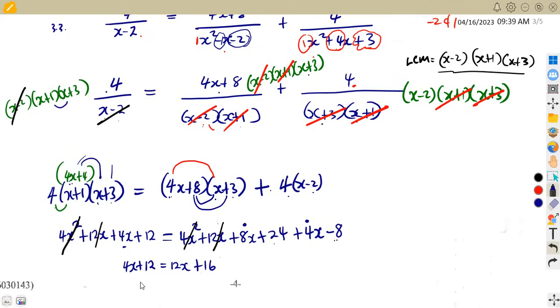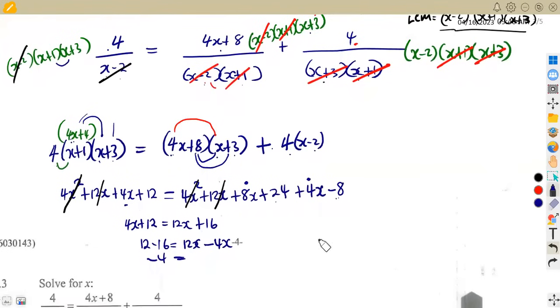So if we transpose, that will be 12 minus 16 is equal to 12x. 4x to the other side is going to be a negative 4x. So 12 minus 16, which is negative 4, is equal to 12x minus 4x, which is going to be 8x. So you can divide by 8 by 8. So our x is going to be negative 4 over 8, which is a negative half in this case.